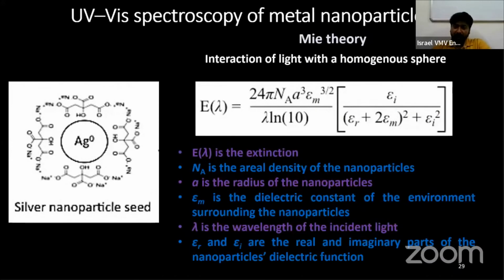When you talk about the absorption of metal nanoparticles, on the other hand, here is silver nanoparticle covered by citrate, sodium citrate, and you find the silver nanoparticles in metallic form. Ag0 refers to the silver metallic nanoparticles, and in the conventional UV spectrum, one equation is known to everyone.